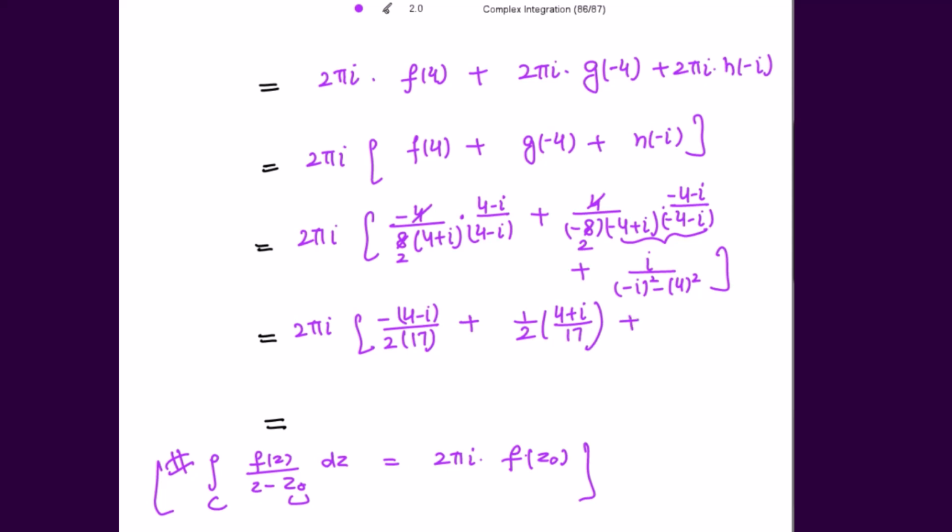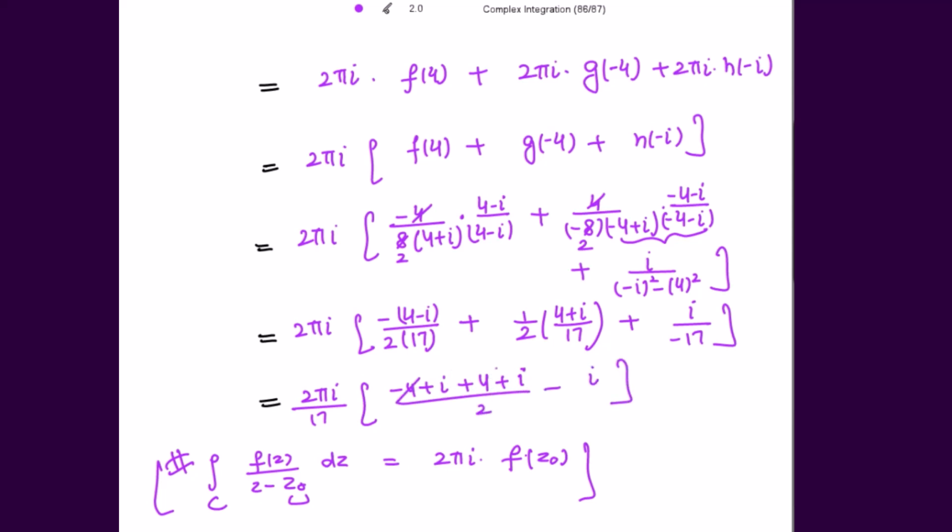And for the third one, this is iota over, okay, a square minus b square. So this is minus 1 minus 16, that is minus 17. So this is equal to further 2 pi iota over, let me take this 17 common. So I get 17 as common from the denominator. So this is minus 4 plus iota plus 4 plus iota divided by 2 minus iota.